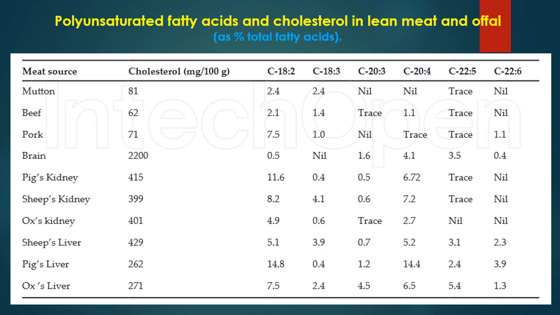In case of C18:3 also, in mutton, beef and pork it is at a low level, but it is a good source, which is normally not available from other food sources or plant origin foods. Similarly, in C20:4 we can see some amount of arachidonic acid from the brain, kidney and liver. So these are good sources for arachidonic acid. And then there are other long chain polyunsaturated fatty acids, which are to some extent good in liver only.